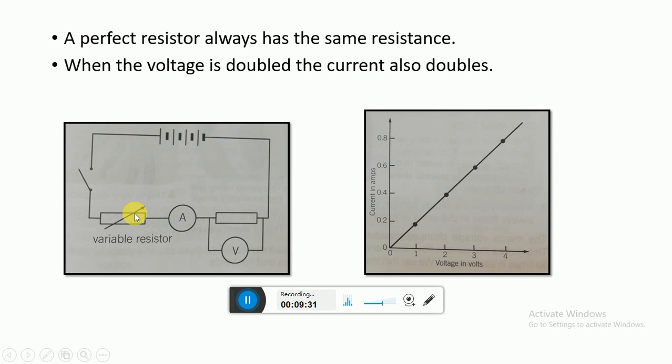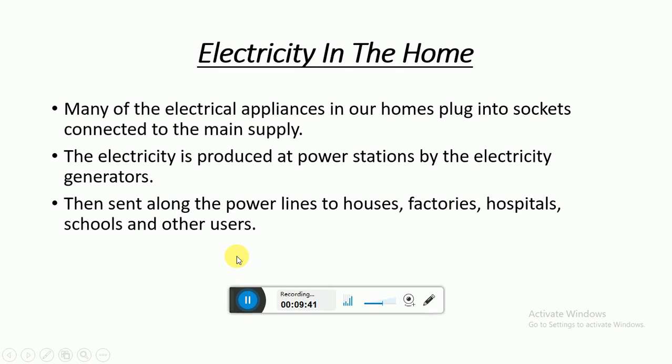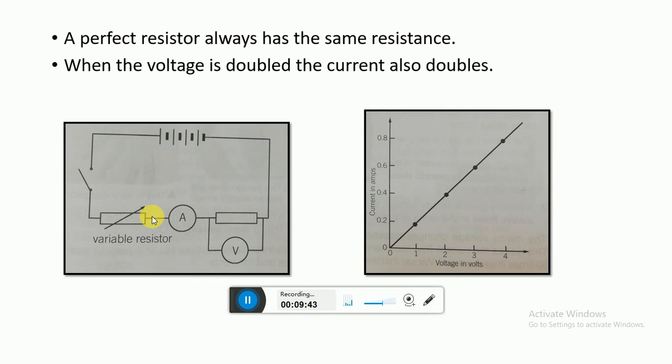Here is a figure where we have a variable resistor, A for ammeter and V for voltmeter. This ammeter measures the current in a circuit. If the variable resistance increases, the ammeter shows the current decreasing.